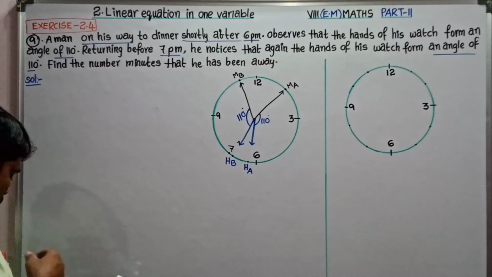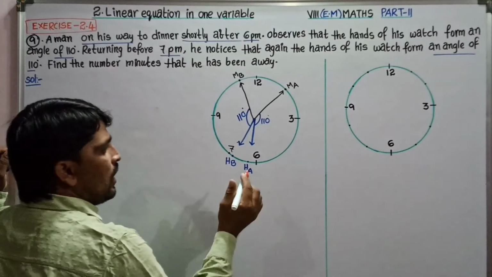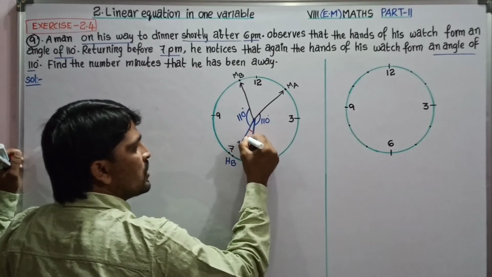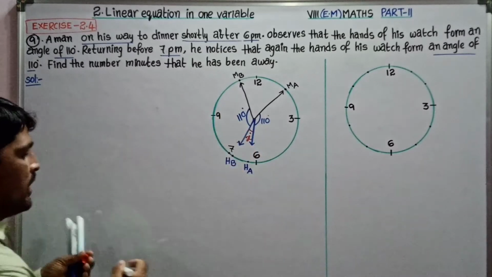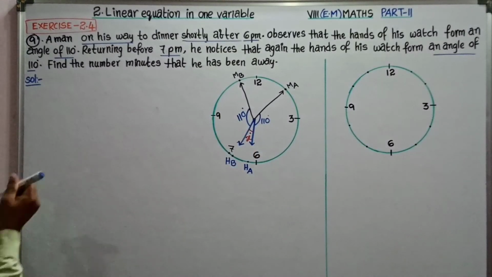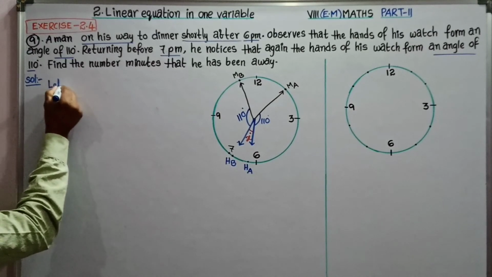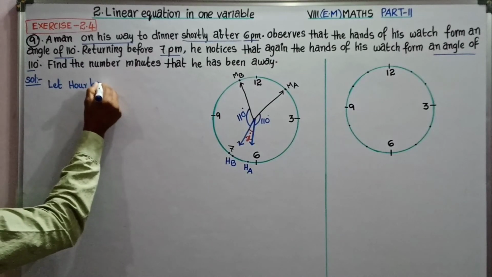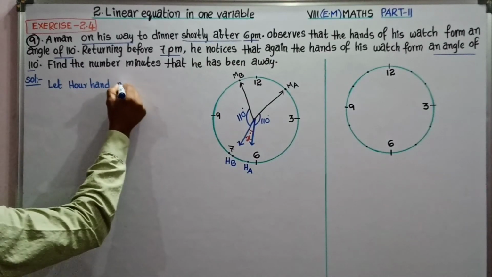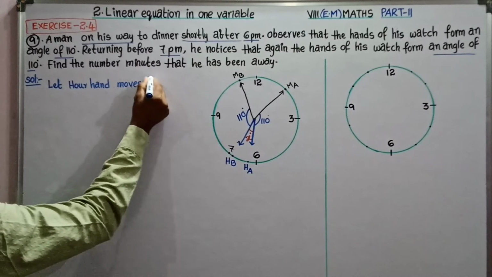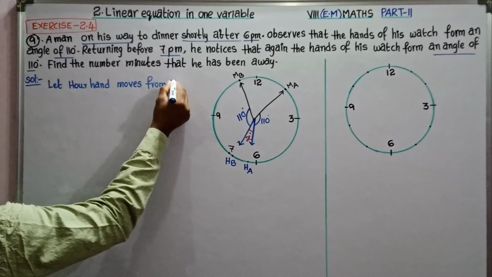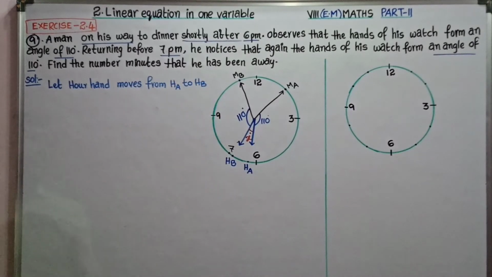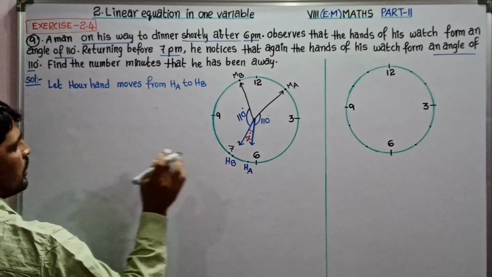Okay. And suppose that when the hour hand moves from HA to HB, it covers X degrees angle. Yes, that is the solution. Let the hour hand move from HA to HB.